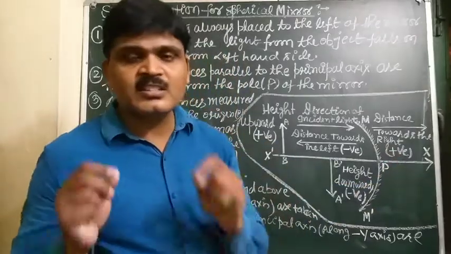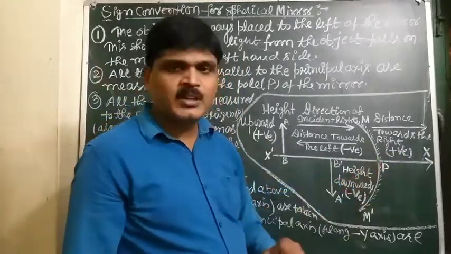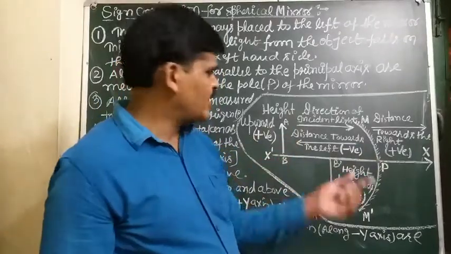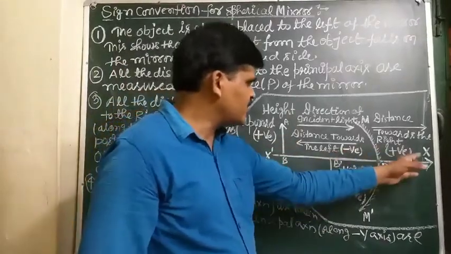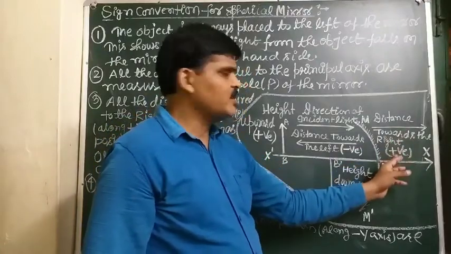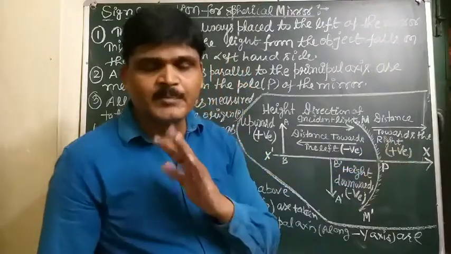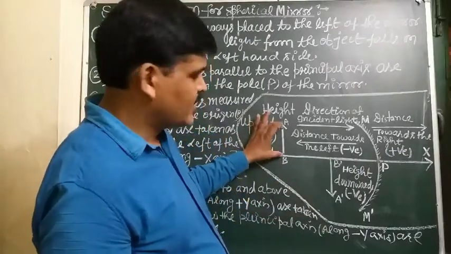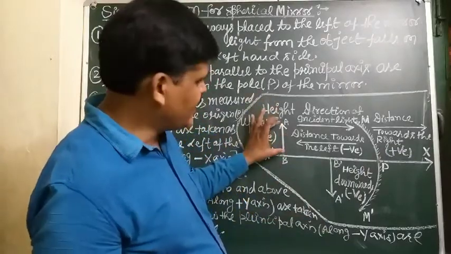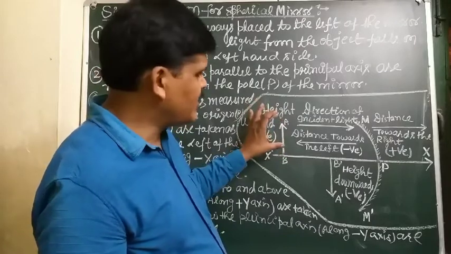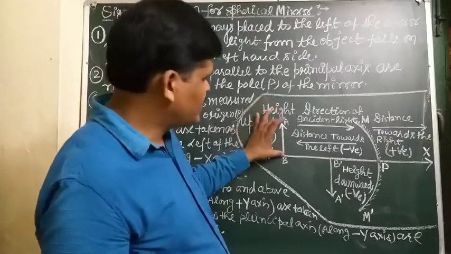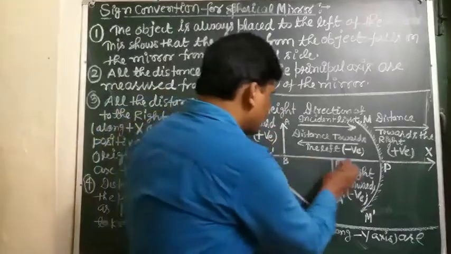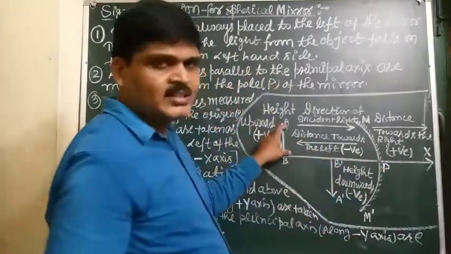So distances measured on the left side of the mirror are taken to be negative, and distances measured on the right side of the mirror are taken to be positive. Clear? And now the object height or image height, which is above the principal axis, that is along the positive y-axis.